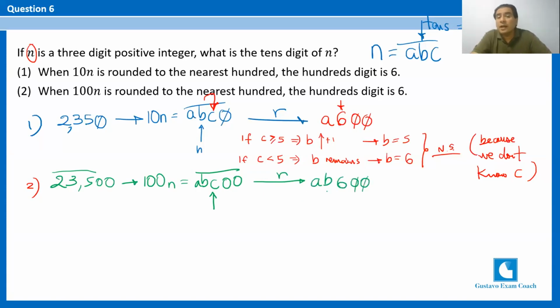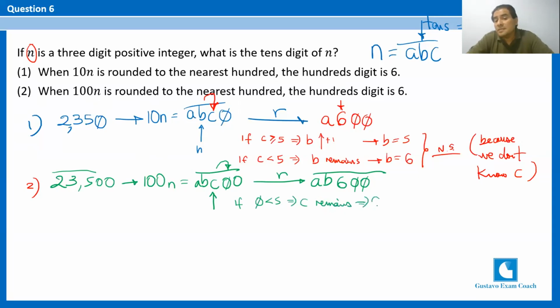So here, you can see that this number means that C was already 6. Why? Because for rounding 6, we need to check the digit next to it, its immediate right. But being 0, it means that C remains the same, because if 0 is less than 5, then C remains.